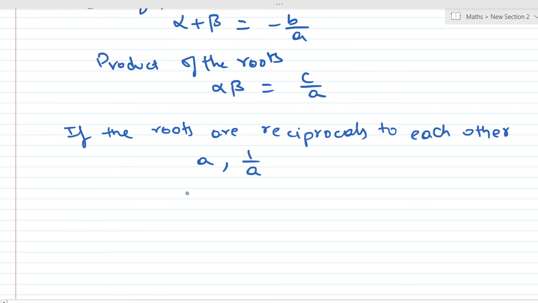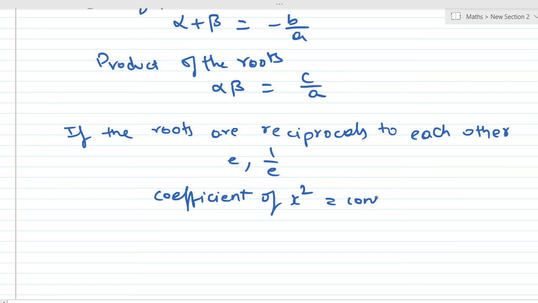For example, the roots are e comma 1 by e. If the roots are reciprocals of each other, the coefficient of x square is equal to the constant in the equation. It is nothing but a equals c. If the roots are reciprocals, a equals c.